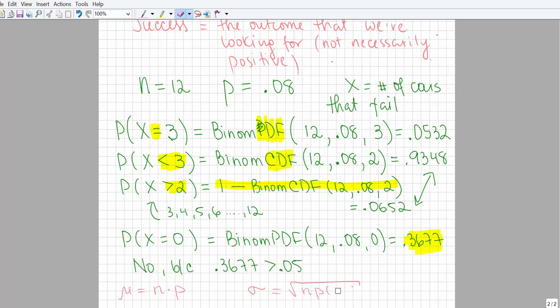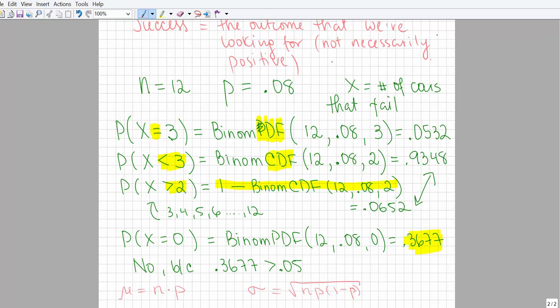Sorry about that, I said p minus 1 minus p. You would get a negative number there, actually guaranteed to get a negative number. So it's 1 minus p over here. Just put these formulas on your formula sheet. You don't need to memorize them. They're not too difficult, so you can also memorize them if you would like.